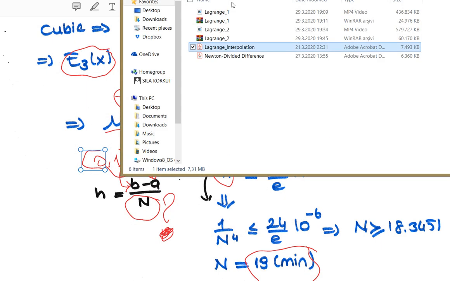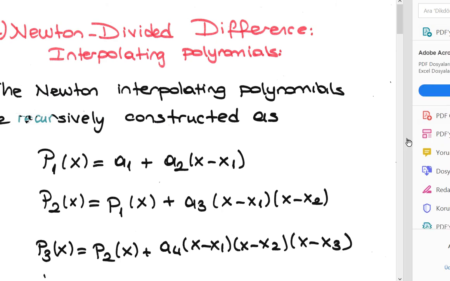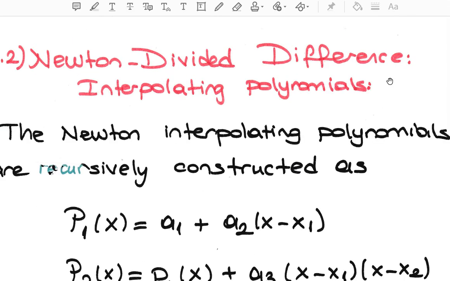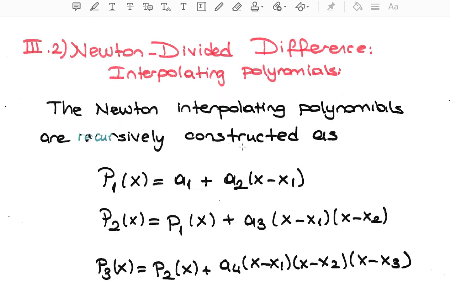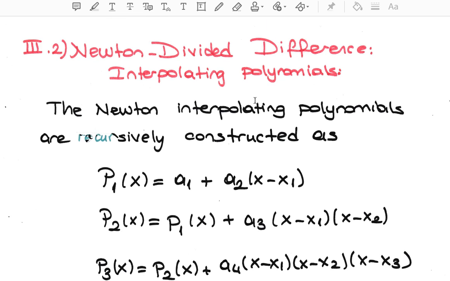To do this, let me open a new page for you and let's start to see how we understand our Newton divided difference formula. Okay guys, I wish to give some cultural information about Newton divided difference interpolation and Lagrange interpolation, by a comparison actually.